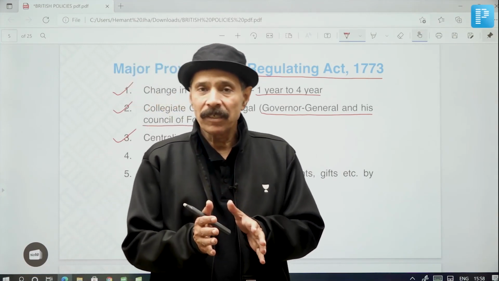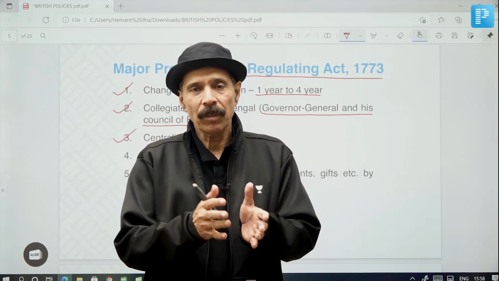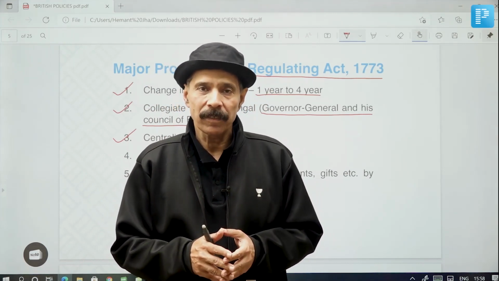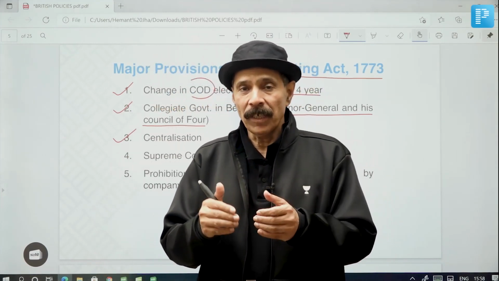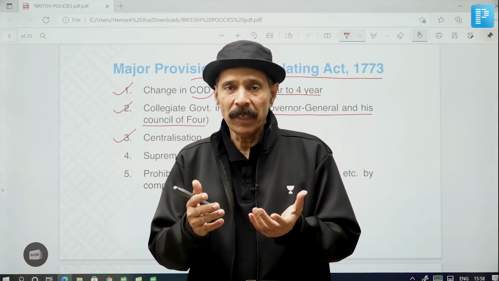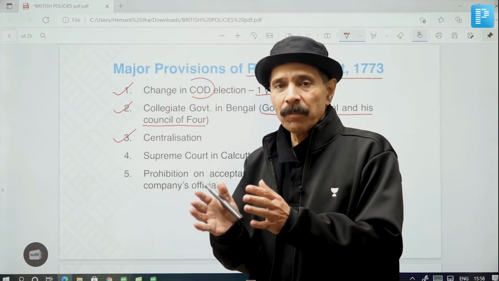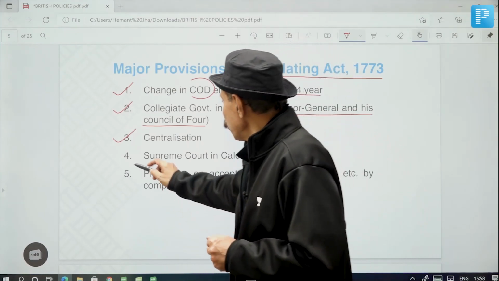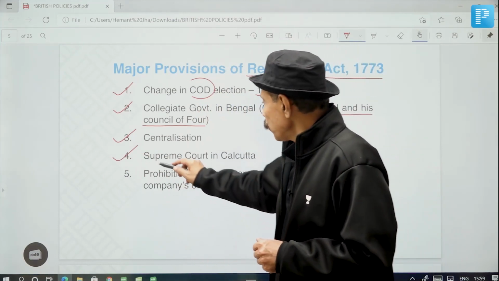The Madras presidency was headed by a governor, and the Bombay presidency was also headed by a governor, and they too had their councils. But the status of the Governor of Bengal was elevated. He was made Governor General of Bengal. So this act marked the beginning of centralization. Next one is the Supreme Court in Calcutta. The Supreme Court was the Crown's court.